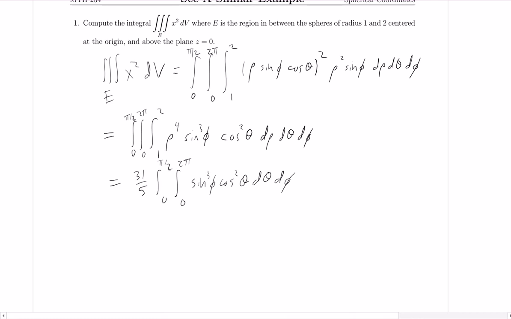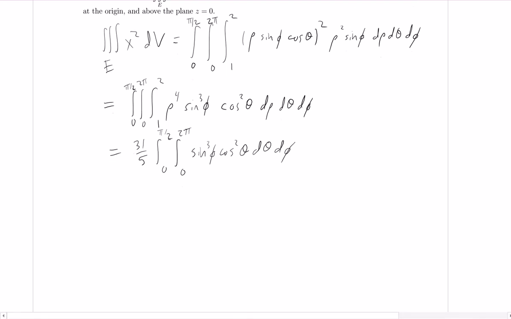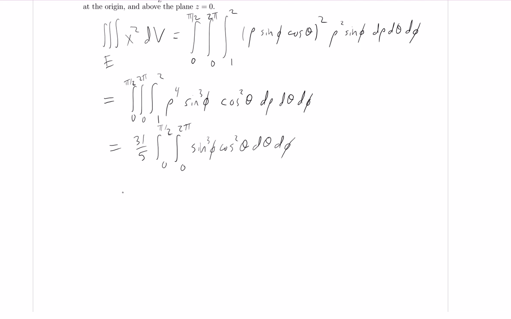Okay, next we have to integrate theta. So we keep ignoring the phi for now. Pretend it's a constant. We're just integrating cosine squared. And remember what the trick is there. We use the trig identity that cosine squared is 1/2 times 1 plus cosine of 2 theta.